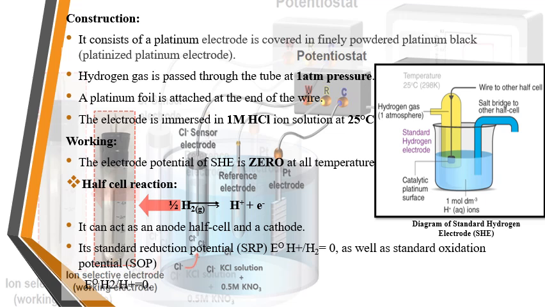This reaction is at equilibrium, and the potential of the SHE is defined as 0.00 volt at standard condition. In use, the SHE provides a reference potential, as I said, of 0.00 volt, against which the potential of other electrodes, that is the working electrodes, are measured. The potential of the SHE remains constant as it is defined as the standard reference electrode.